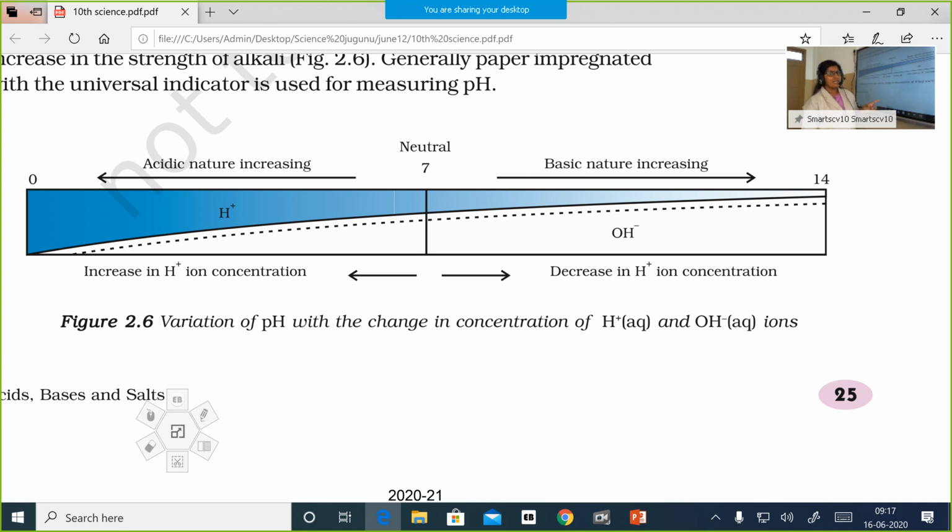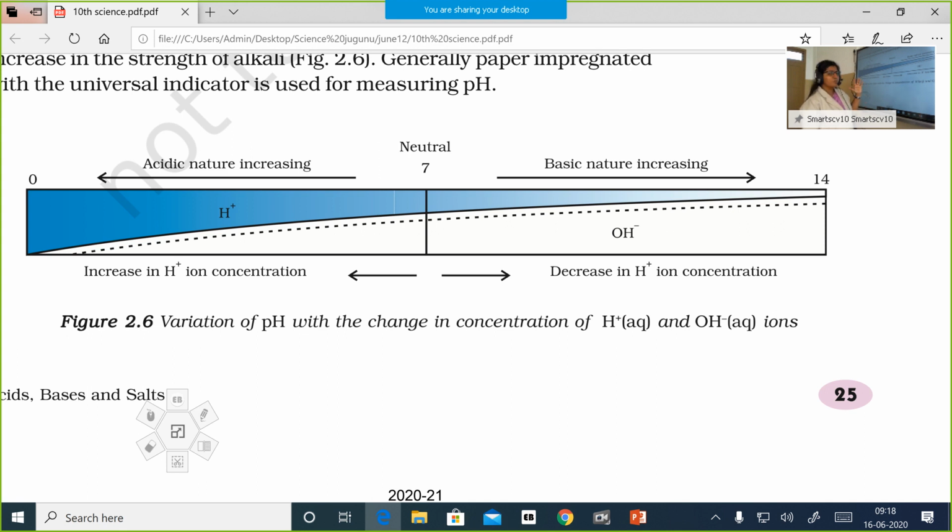But see, it has the highest pH value. So one more time, pH is a numerical value which indicates what? The amount of H plus ions produced by a given solution when it is dissolved in water.